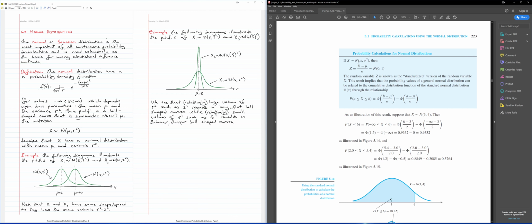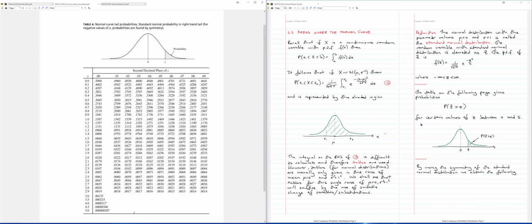Once you do your standardization, the z is also going to be normally distributed, where the mean now is going to be 0 because you're subtracting off the mean, and the standard deviation is going to be 1 because you're dividing it off. If you want to calculate probabilities for a normal distribution, you need to convert to standard normal.